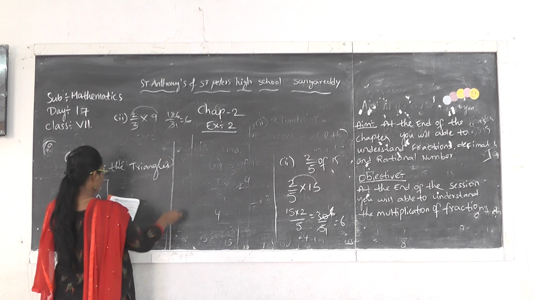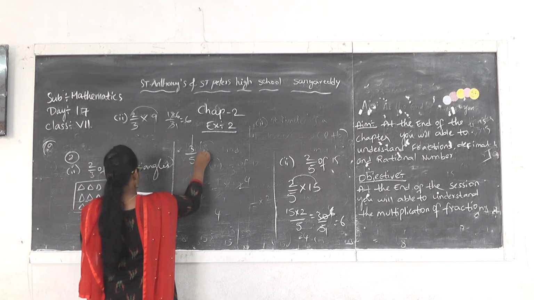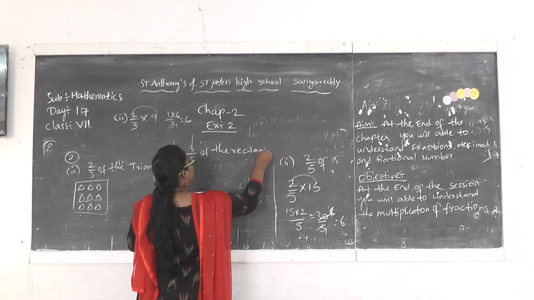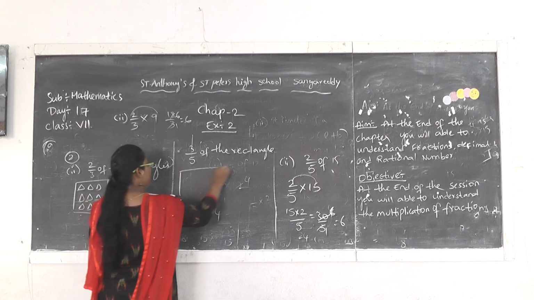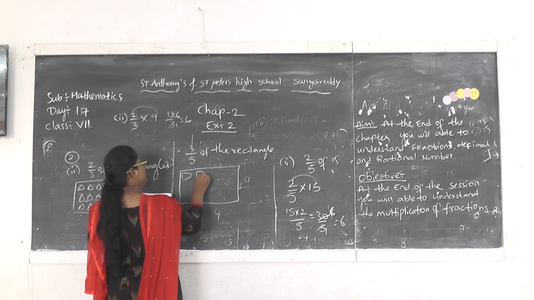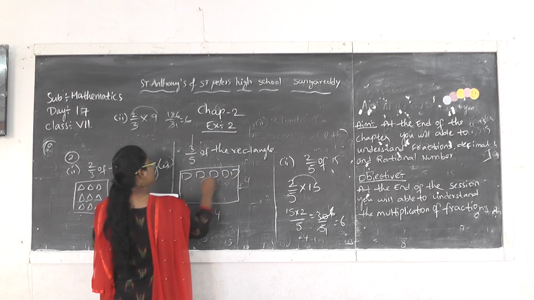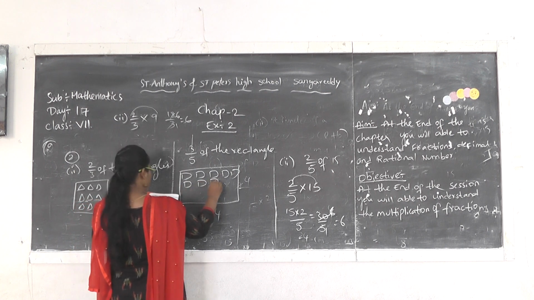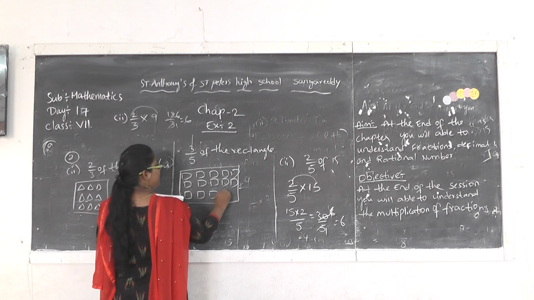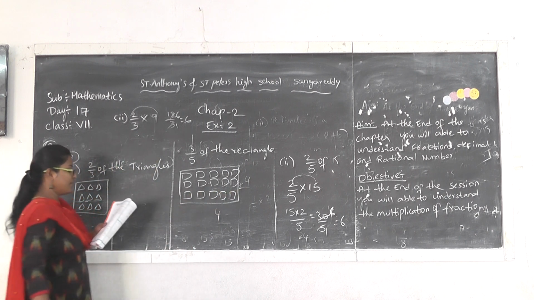Next, 3 by 5 of the rectangles. There are a total of 15 rectangles.